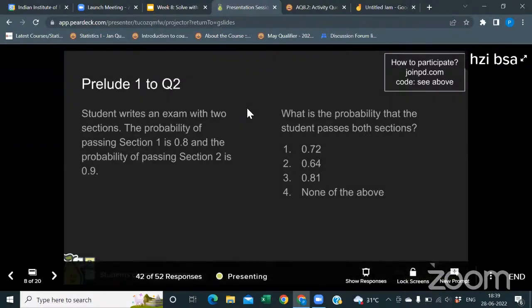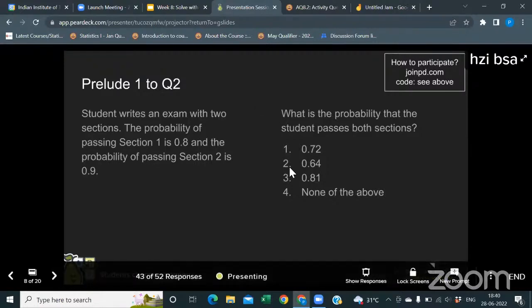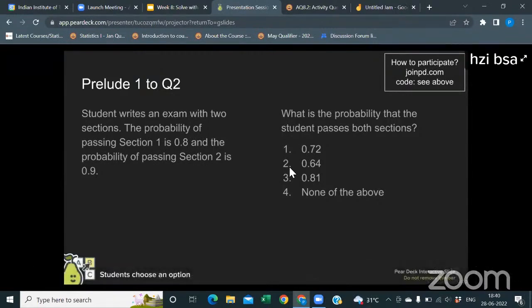Okay, let's see. There are 43 responses. Let's wait for one more minute. After that, we will move on. Generally in a test, there must be a condition, right, that a student must pass in all the sections to pass.